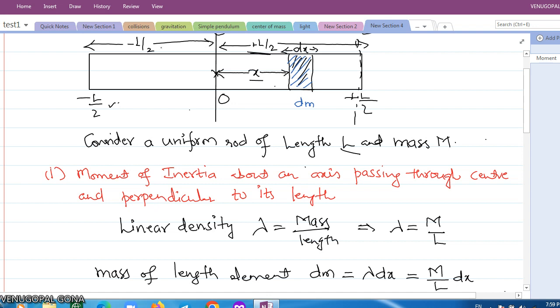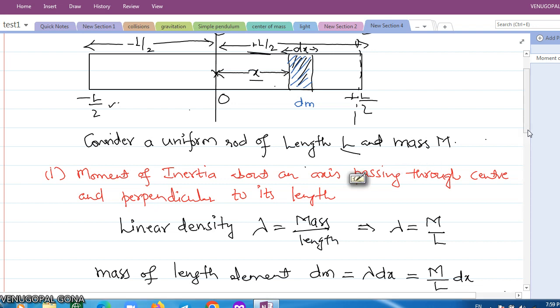So we divided this rod into small elements, each of mass dm and length dx. Its mass is dm equal to lambda dx, that is m by L of dx.